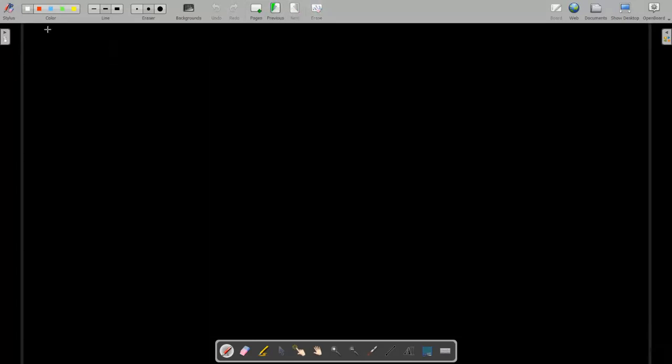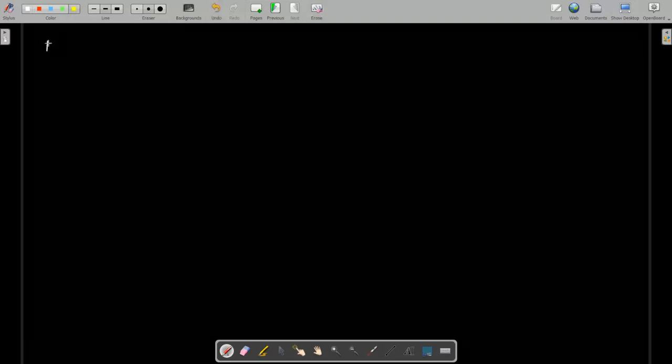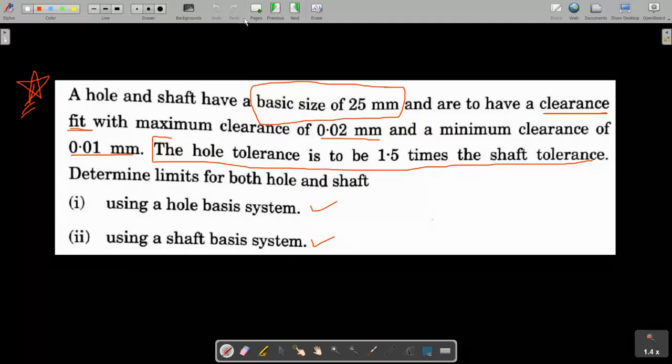What is given? First we have to find the hole basis system. So first let us find the dimensions of the hole and shaft based on the hole basis. Here we have three data: maximum clearance, minimum clearance, and the tolerance relation.